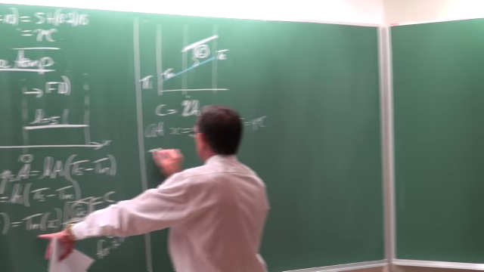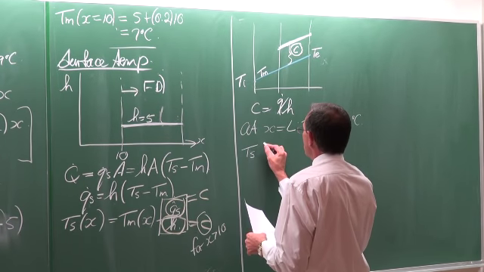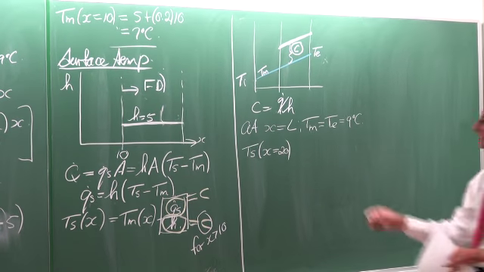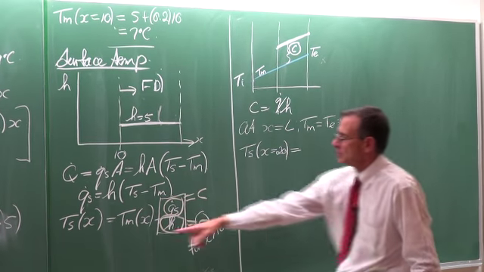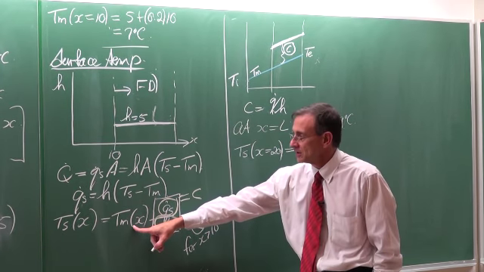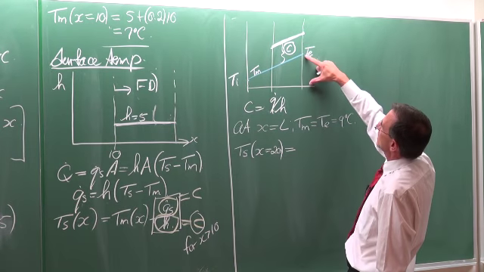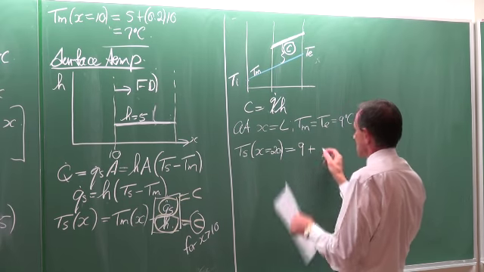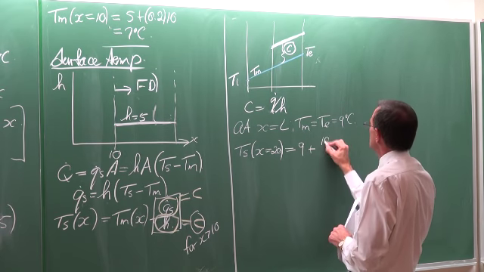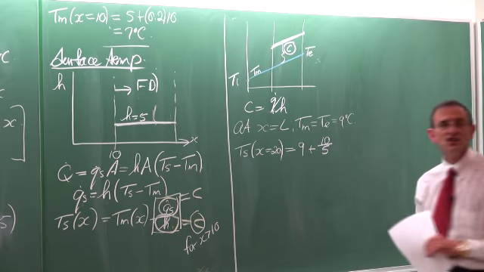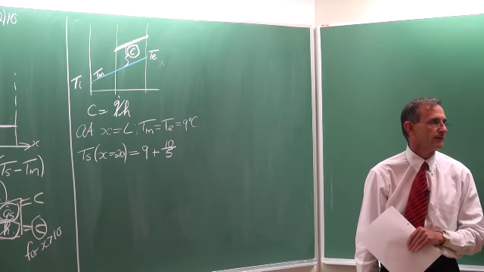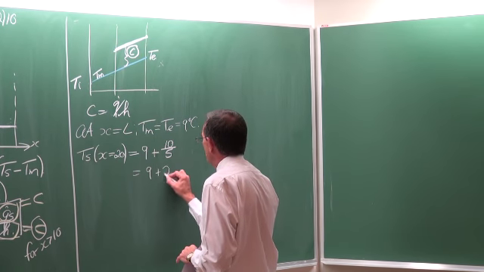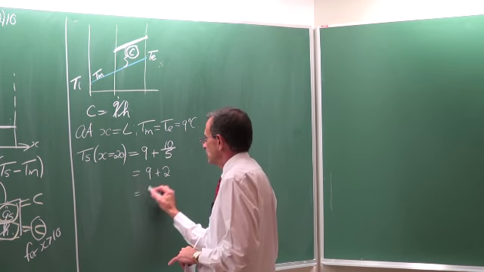So therefore, if we look at the surface temperature at x equal 20 at the outlet, then it would be equal to the fluid temperature at 20 meters, that would be 9 degrees Celsius. So it is 9 plus the heat flux, which is 10, divided by the heat transfer coefficient, which is 5. So, obviously it's very simple, 9 plus 2. So that should be 11.